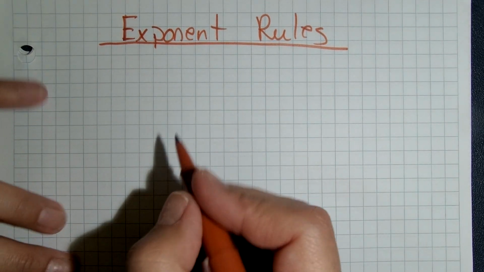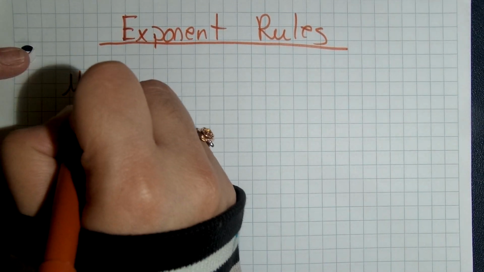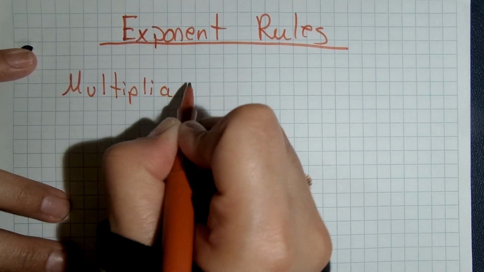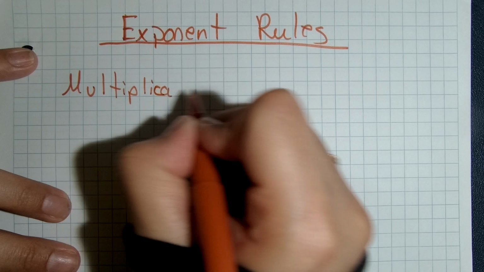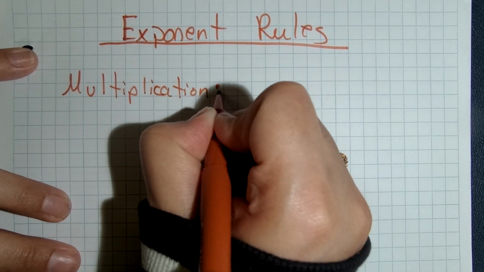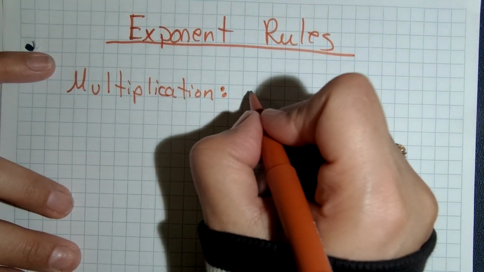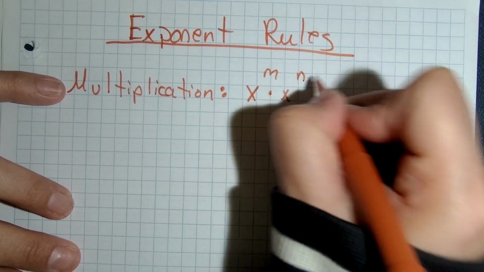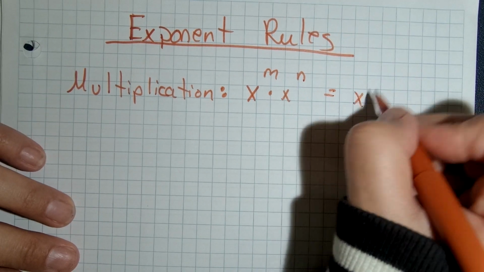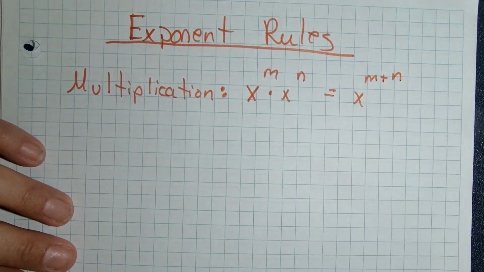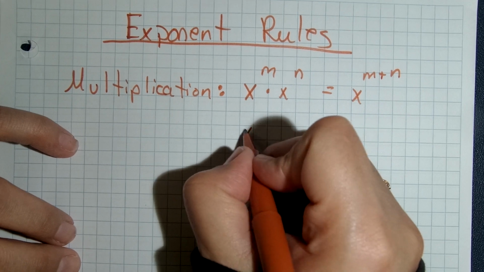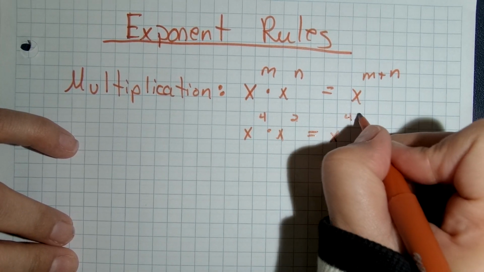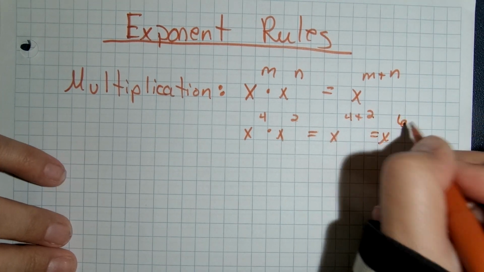The first exponent rule that we have is the multiplication rule. The multiplication rule says that if we have two of the same variable being multiplied together, I can add the exponents. So if this was x to the 4th times x squared, I can get x to the 4 plus 2, which is x to the 6th.